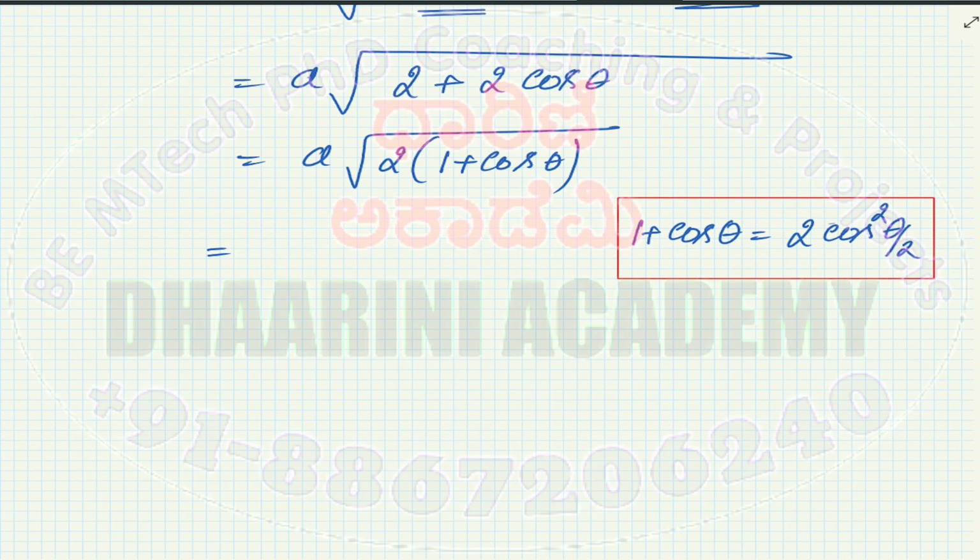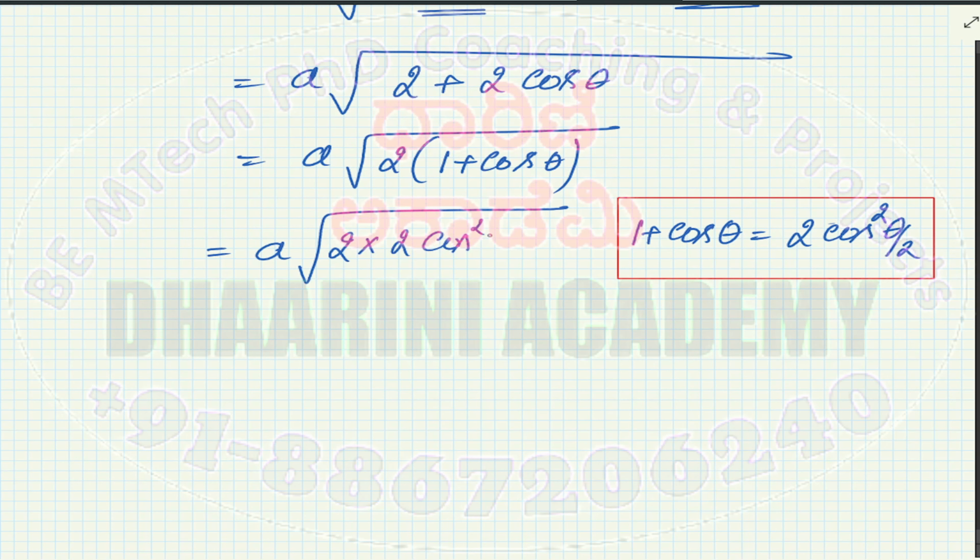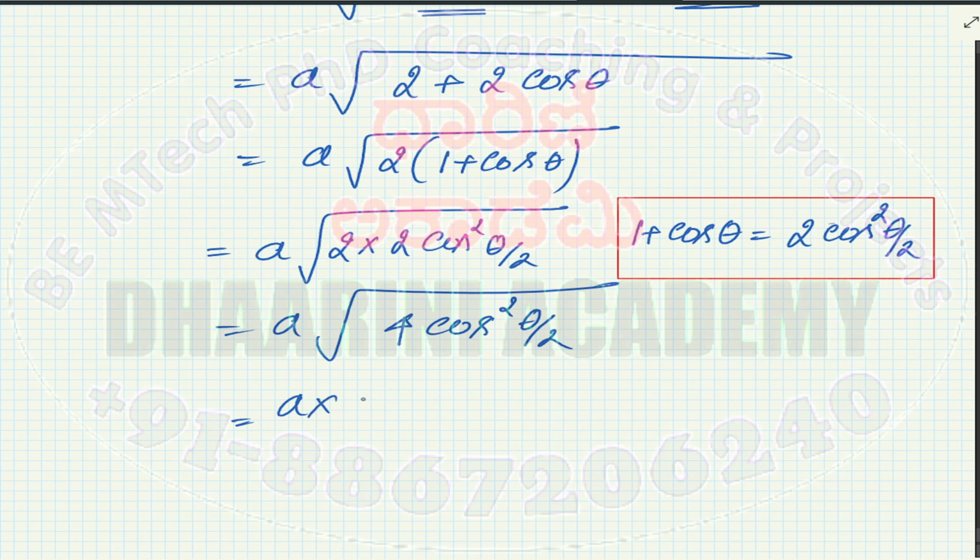So this becomes a into root of 2 is already present into 1 plus cos theta, which is 2 cos square theta by 2. So now you can see that this is a into the square root of 4 cos square theta by 2. 4 is a perfect square, so the root of 4 is 2. So I'll write this as 2 into cos theta by 2.